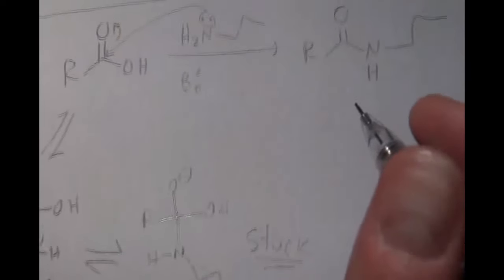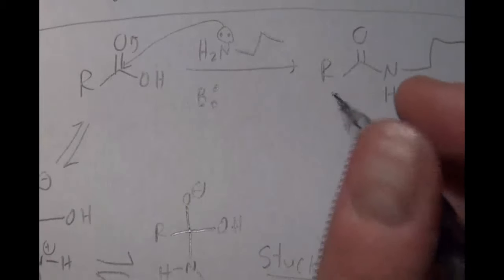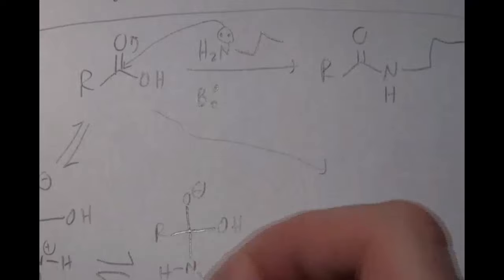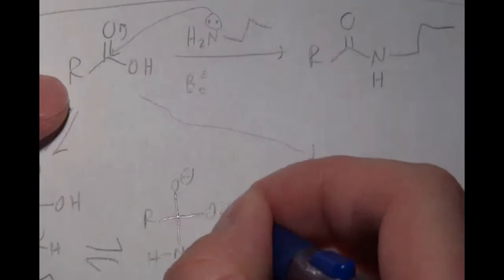Okay. And so the reaction cannot proceed. But what's the other thing that can happen? So we're kind of stuck here because the oxygen cannot kick off this leaving group. OH is a bad leaving group, right?